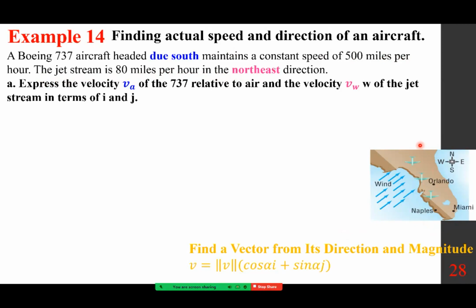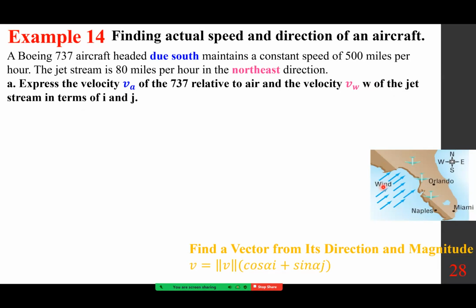The wind is going this way. Express the velocity v sub a of the 737 relative to air and the velocity v sub w of the jet stream in terms of i and j. So we have the wind, we're going to call it w.